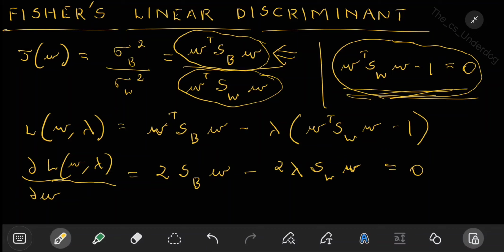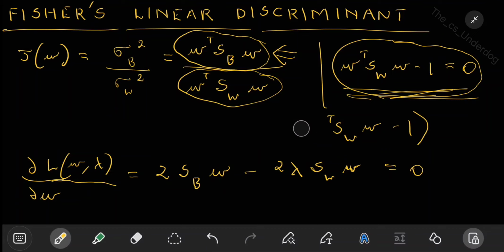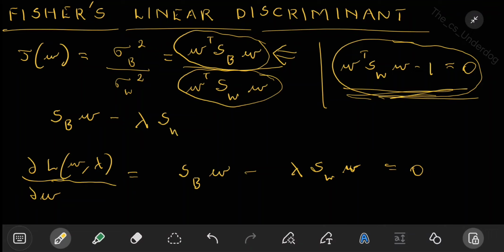When you equate this to 0, let me erase this off. What will you get now? If you remove 2 from both the sides, I'm removing both the 2's. Now it will be SB into W minus lambda into SW into W equal to 0. This is the equation that I get.